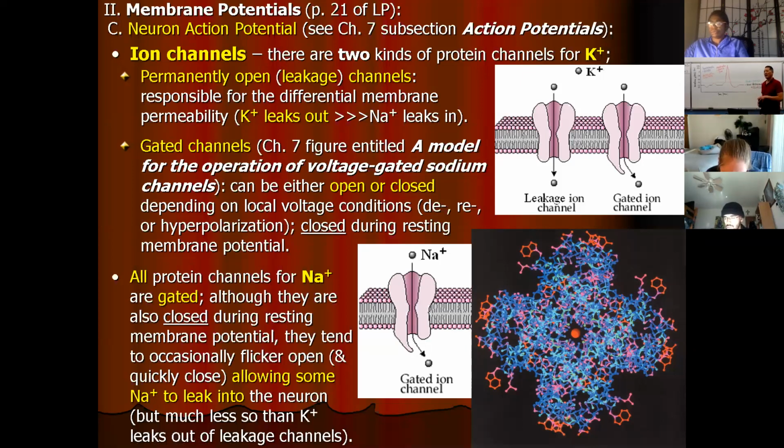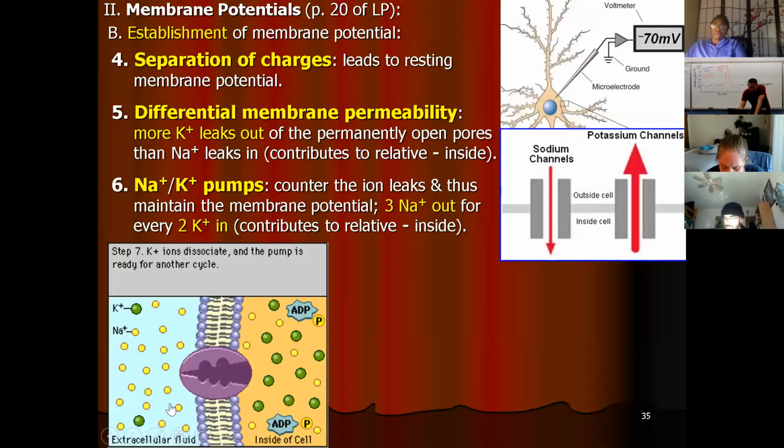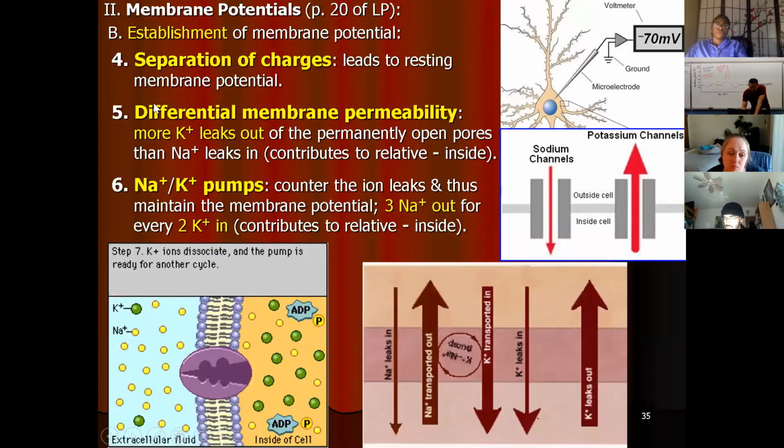These gates are never wide open. They tend to flicker. So even when the conditions are such that they should be wide open, they're flickering. The gates are kind of like regulating how much sodium is going through. And that is connected to this, number 5.